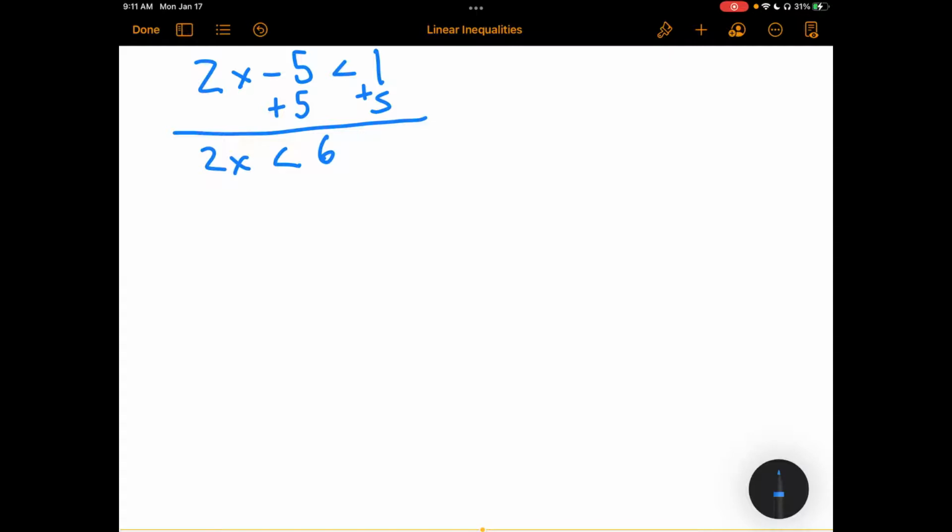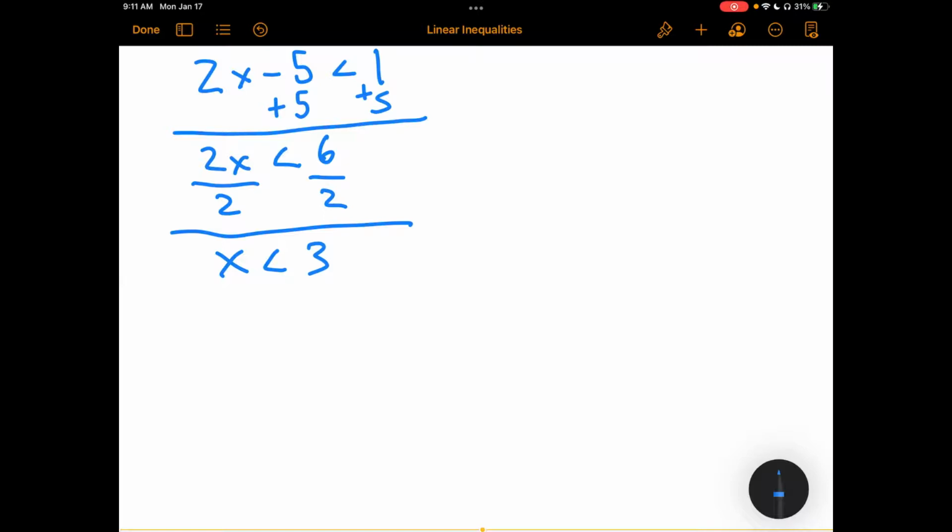Okay, now we need to get x by itself. The best way to do that is by dividing both sides by 2. So on the left-hand side, the 2's cancel out, and that's going to give us x is less than 3.